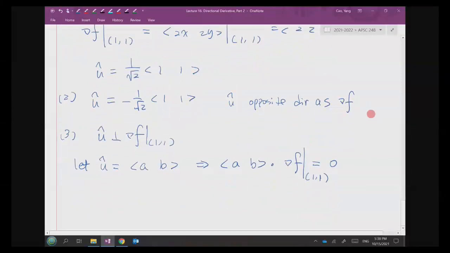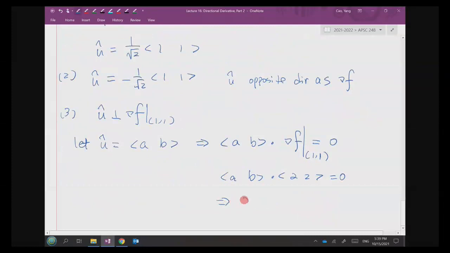When two vectors are perpendicular, the dot product is 0. So what's del F? We already calculated (2, 2). So that gave me 2a + 2b equal to 0.